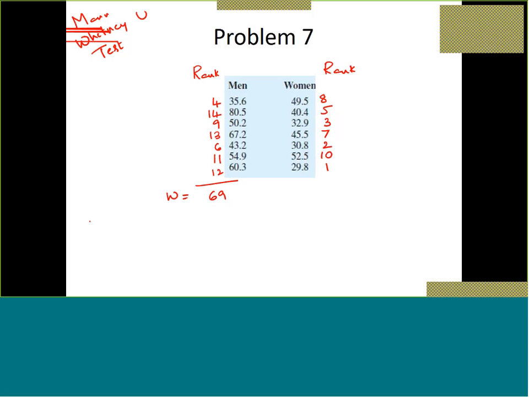Then you have to calculate mu W. So what is the mu W formula? You know, half into N1 into N1 plus N2 plus 1. So half into 7 into 7 plus 7 plus 1. The answer, I'm giving you directly, is 52.5.